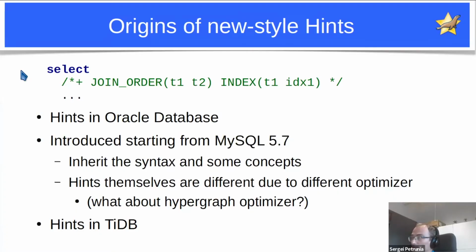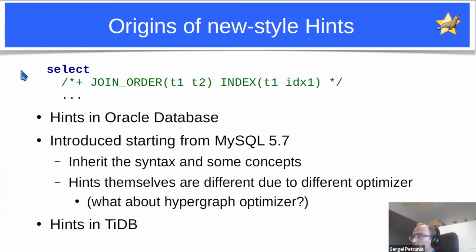However, the hints themselves are not compatible with Oracle database, which is kind of logical, because the MySQL optimizer is quite different from the Oracle one, so it would be surprising if hints for Oracle fit into MySQL. The hints are quite different, and even the interpretation is quite different.